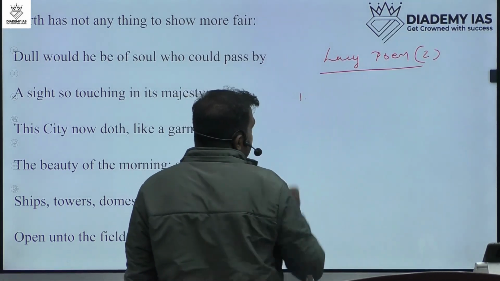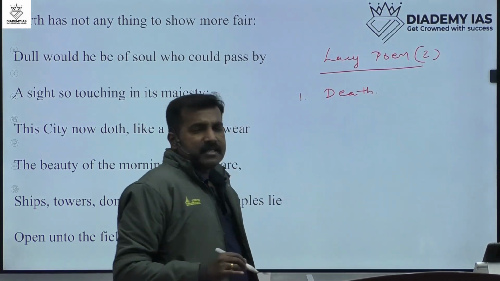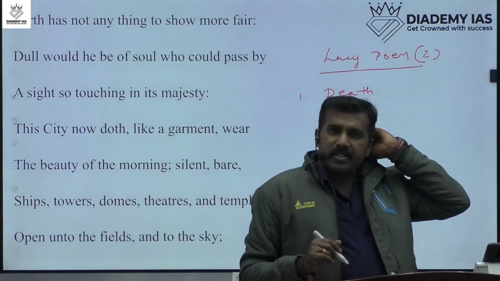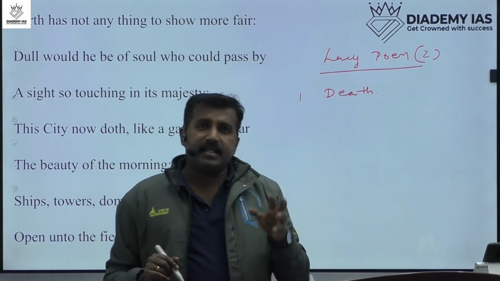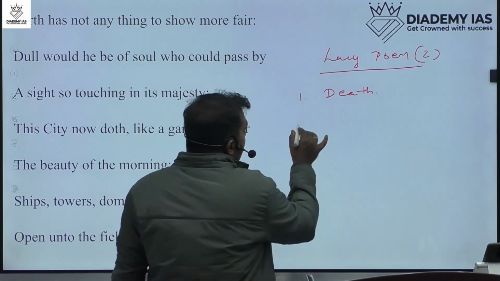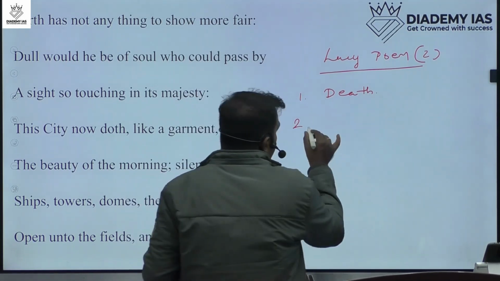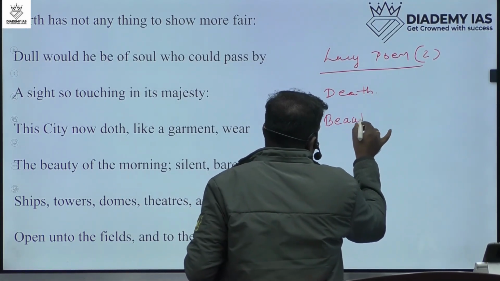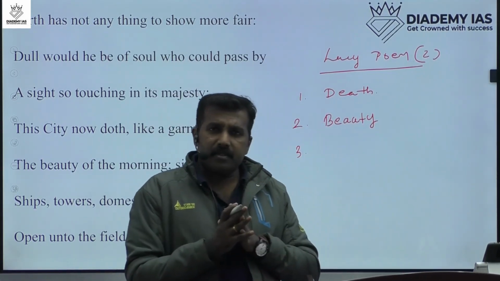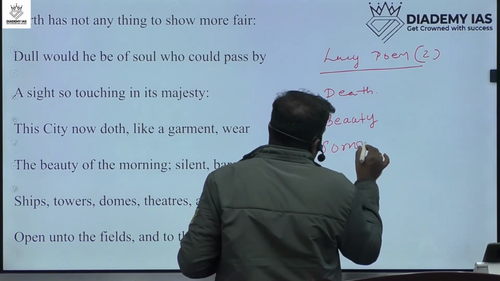The first one is death. Three years she grew under sun and shower is a Lucy poem, and She dwelt among the untrodden ways is another Lucy poem, and in both these poems William Wordsworth explains death. Second, in both these poems Wordsworth explains beauty. Third, Wordsworth explains sorrow.